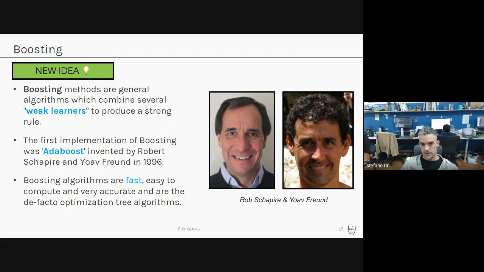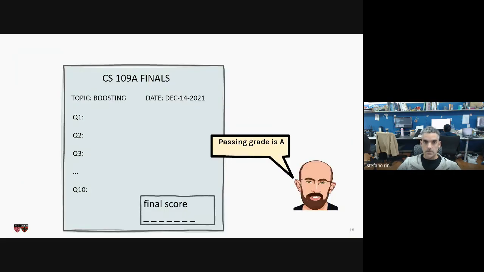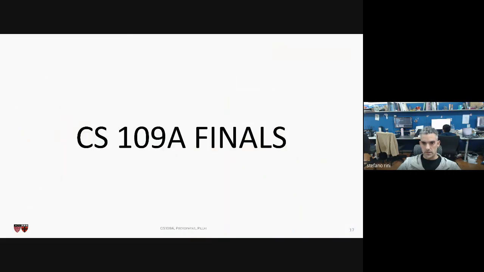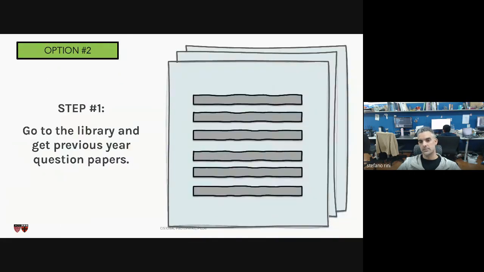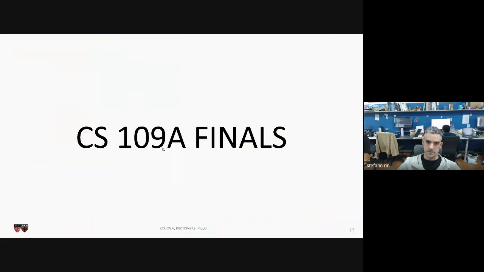Right? So boosting algorithms are fast, easy to compute, and they are very accurate. And there are 3 optimization algorithms. Okay? So let's say that we are doing the finals. Let's go through this set of slides.